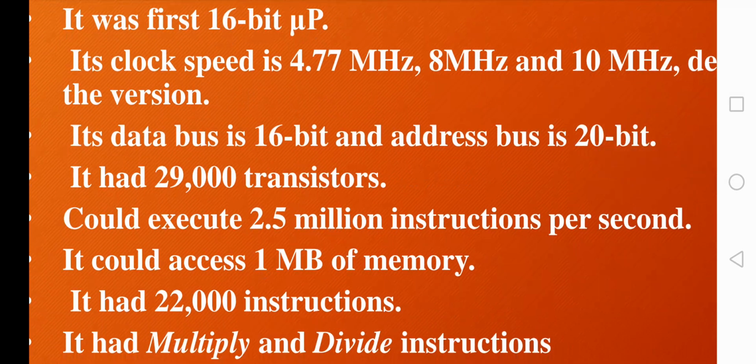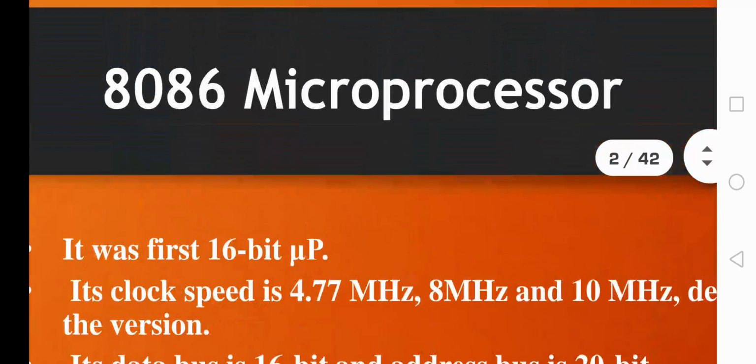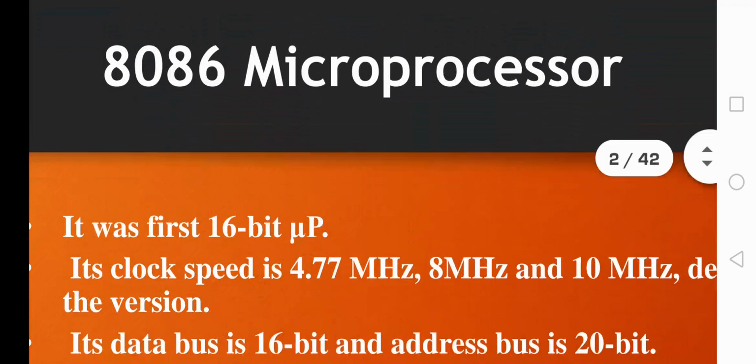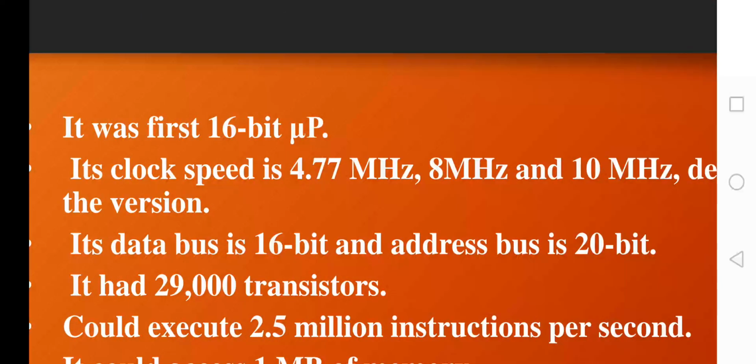The capacity of a particular microprocessor can be well defined with the help of the capacity of its data bus. I told you the 8086 microprocessor is a 16-bit microprocessor. Why are we calling the 8086 processor a 16-bit microprocessor? Because the data bus residing within this 8086 processor is 16-bit. Each and every microprocessor is defined in terms of its capacity.